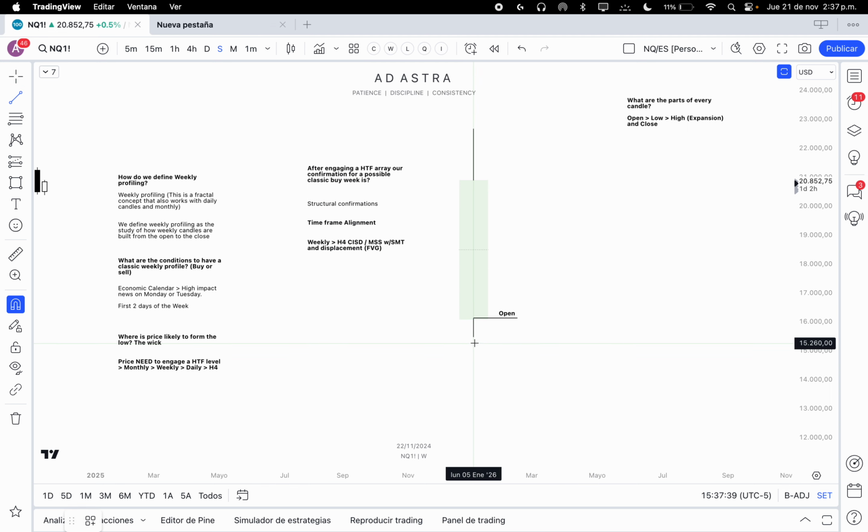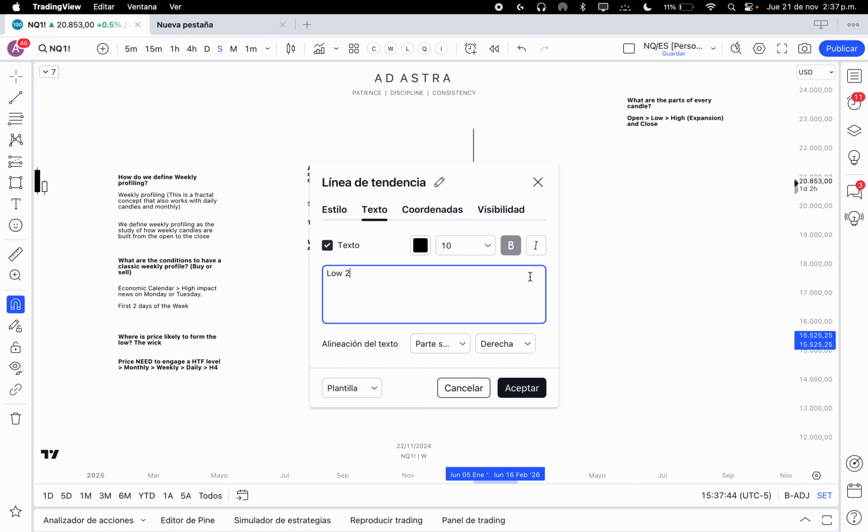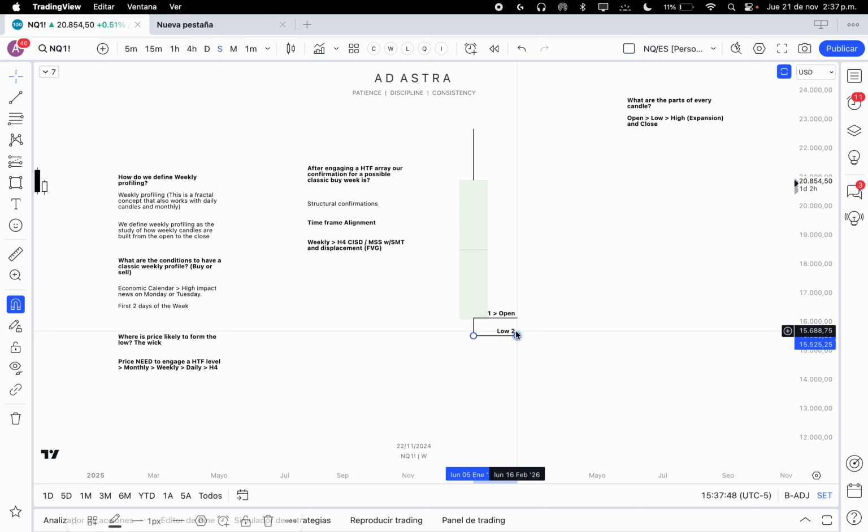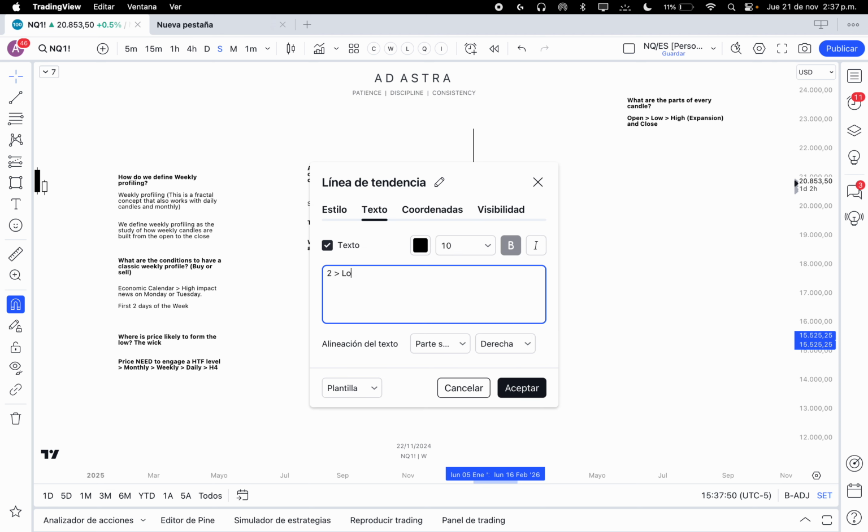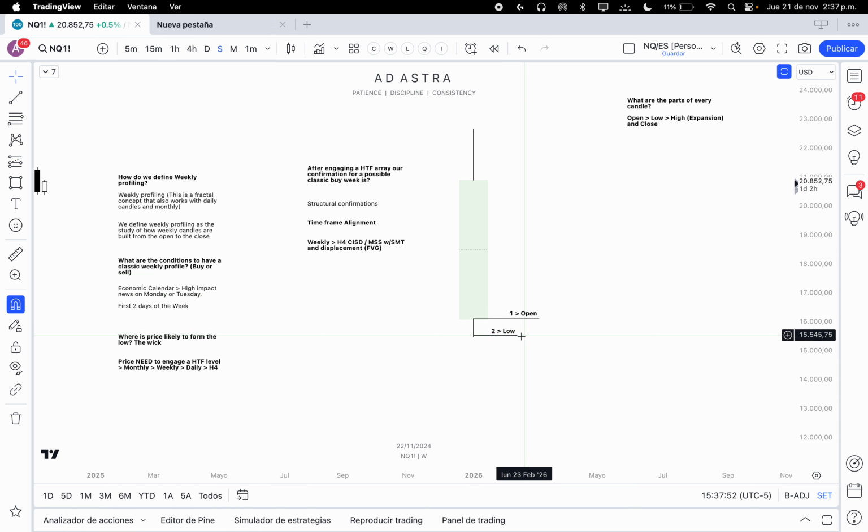We have low, a second step. Let's even put numbers on these ones. We have open, we have low. Perfect. We have all this expansion here, which is pretty much the high. Let's put this as three, expansion.